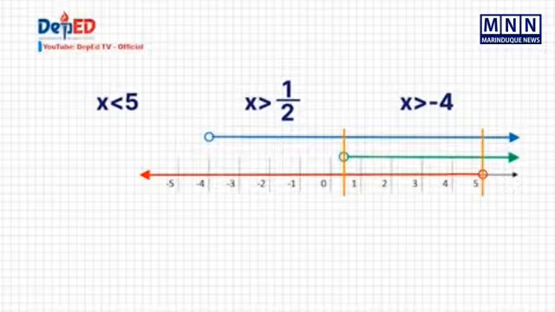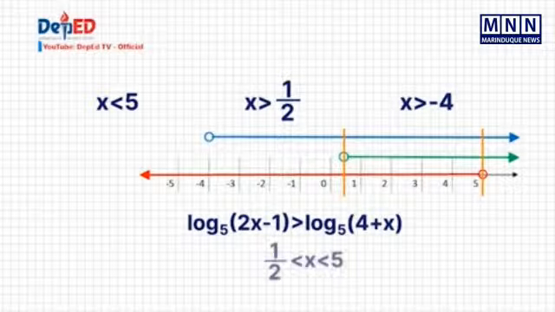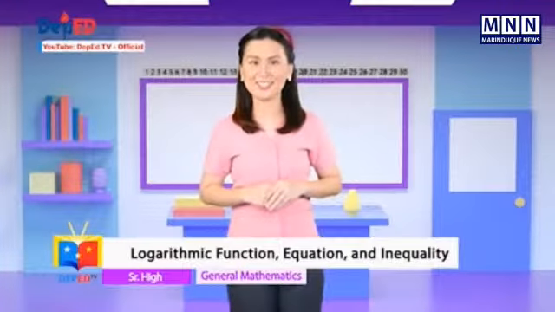And we take these values as the set of solutions for the inequality. The logarithm of the quantity 2x minus 1 with the base 5 is less than the logarithm of the quantity 4 plus x with the base 5. Thus, x is greater than positive 1/2 but less than positive 5. You can check values of x using your calculator.